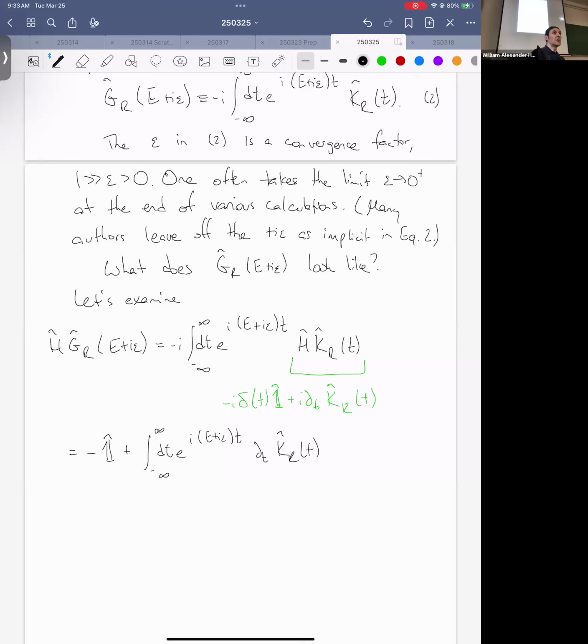The i's all cancel with the minus 1. To make some progress, if you're faced with something that looks like this, a nice thing to think about is always integration by parts. So let's do an integration by parts.